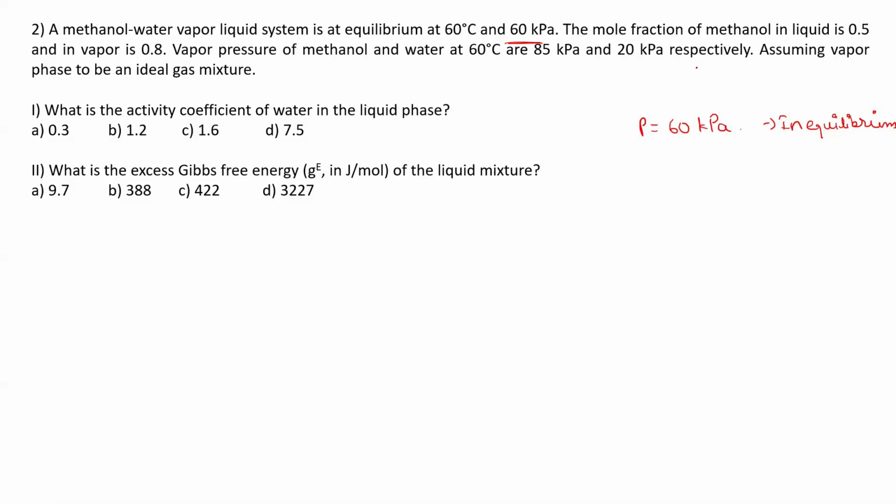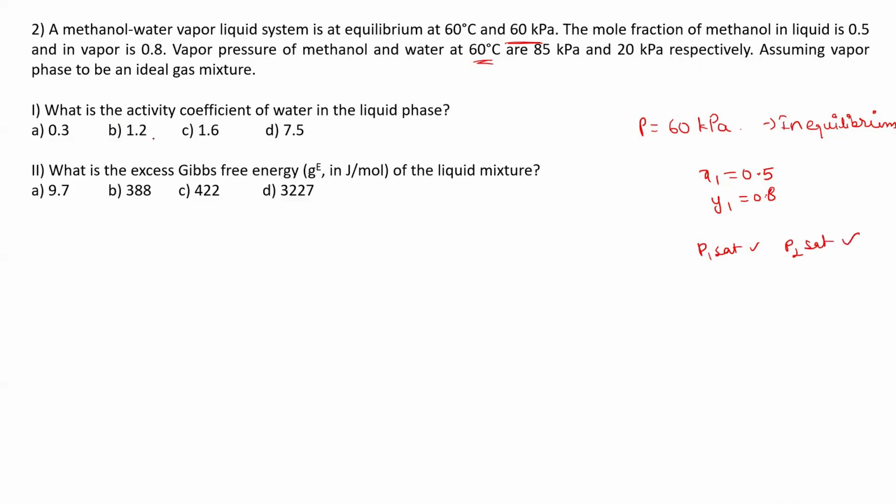The mole fraction of methanol in liquid is 0.5 and in vapor is 0.8. Vapor pressure of methanol at this temperature, P1 sat, is given and P2 sat is also given.